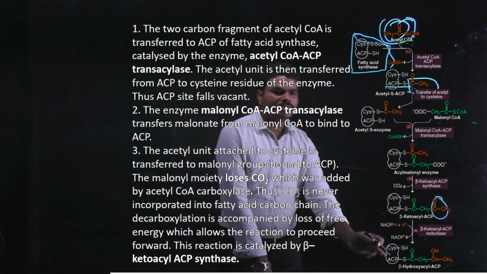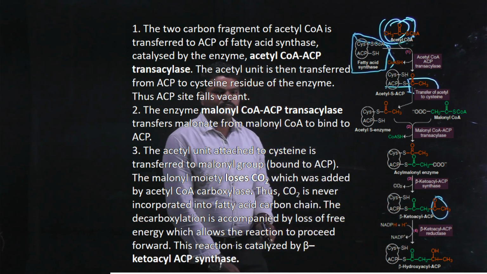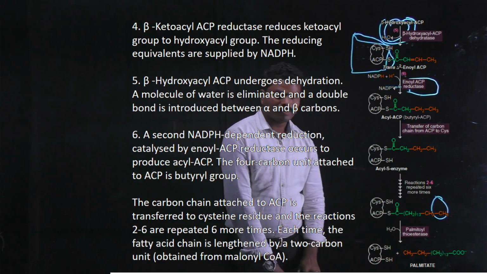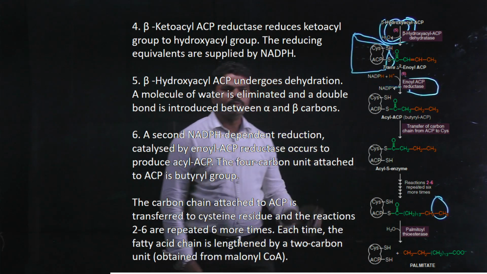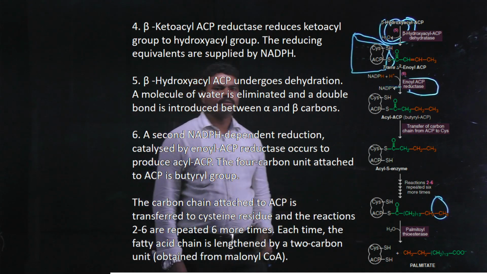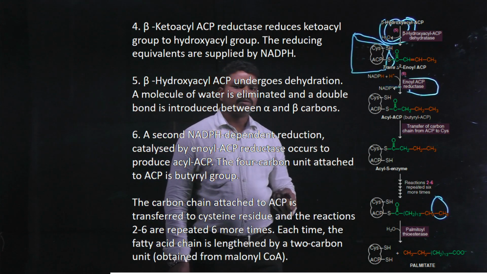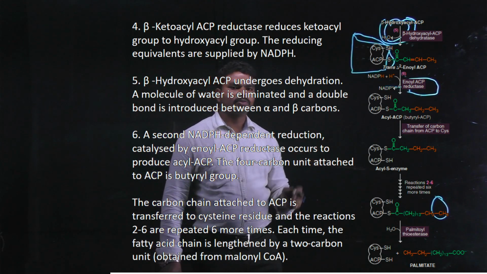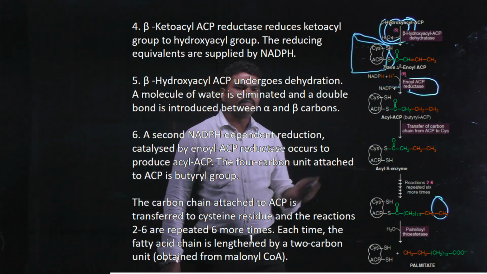This reaction is catalyzed by beta keto acyl ACP reductase. This enzyme reduces the keto acyl group of the beta keto acyl ACP to a hydroxyl group, thereby forming the beta hydroxy acyl ACP.